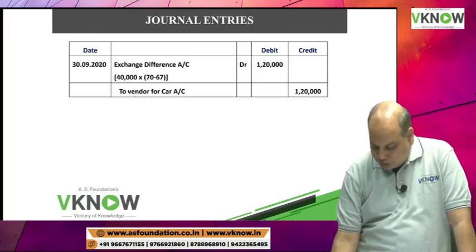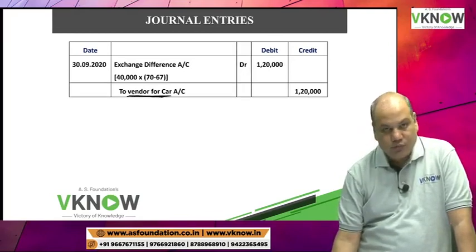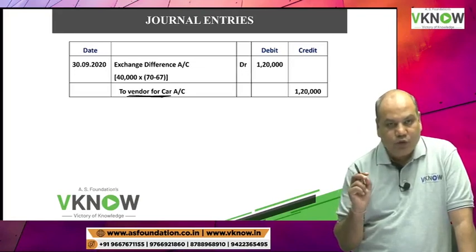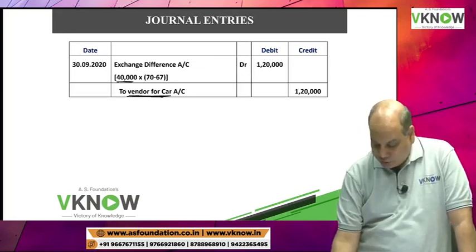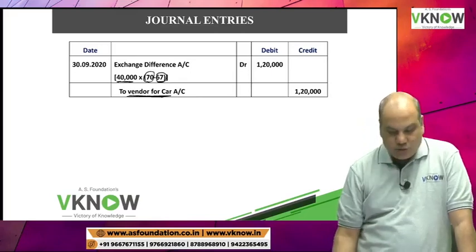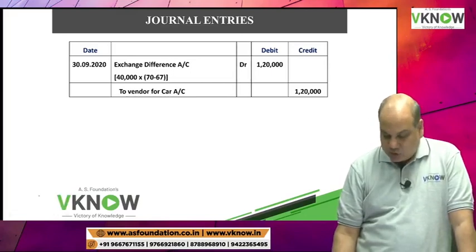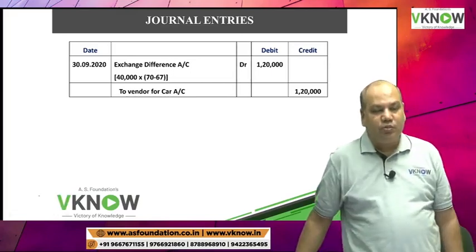Then there is a vendor for car also. We have to pay him $40,000. When the car was purchased, the rate was 67. Today the rate is 70. So the exchange rate has gone up by 3 rupees.